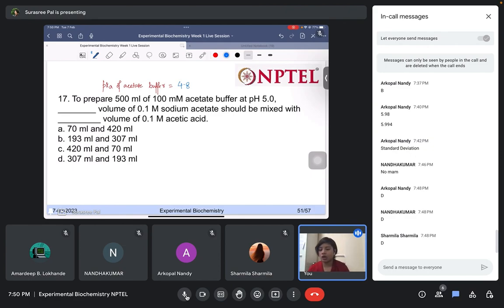Okay, let's see how we can solve the problem using the Henderson-Hasselbalch equation. pH equals pKa plus log of base by acid, right?